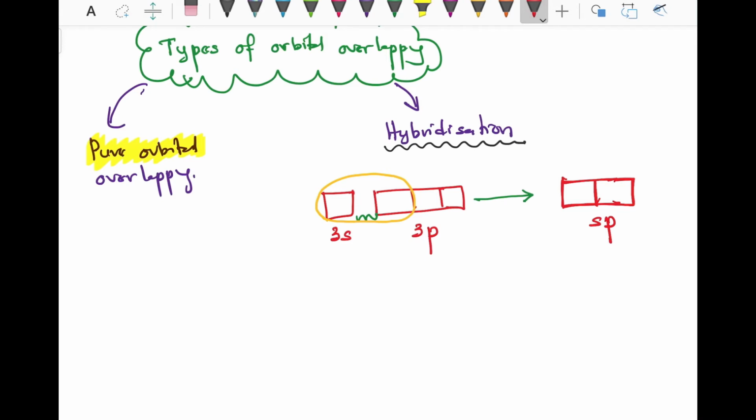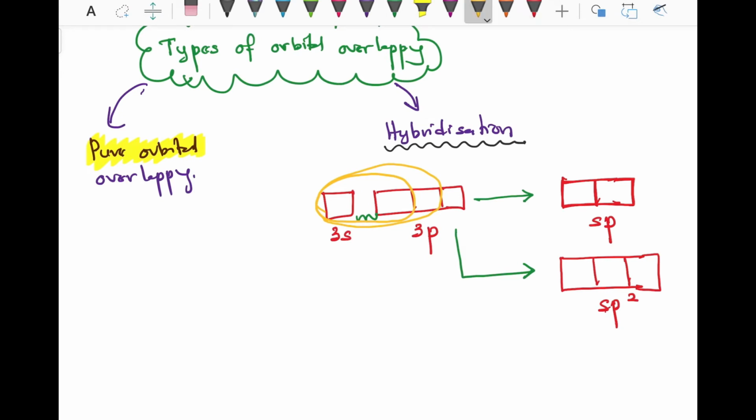The second possibility is when we take one s orbital with two p orbitals. This hybridization will produce sp2 orbitals. How do I get 2? S equals 1, p has 2. So how do we interpret these boxes? This orbital represents sp, this one also sp.